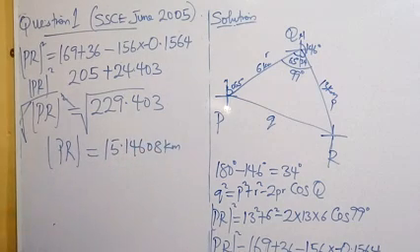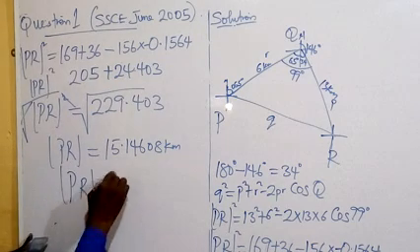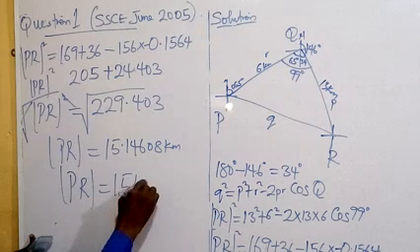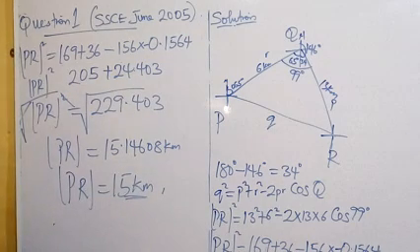Now, don't forget, we have to leave our answer in the nearest kilometer. So therefore, PR equals 15 kilometers to the nearest kilometer. That's our final answer. All right, let's look at another example, example 2.